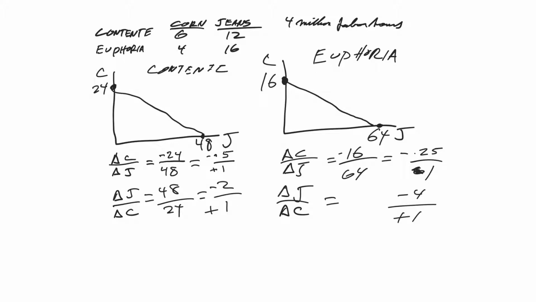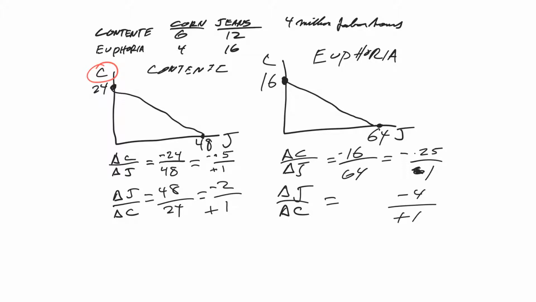Okay? So, who has the comparative advantage in corn? Well, 1 corn costs 2 jeans over here, 1 costs 4 over here. So it looks like Contente is the low-cost producer of corn. So I'm going to circle that so we don't forget. Okay, they're going to be producing corn. That's where their comparative advantage is.